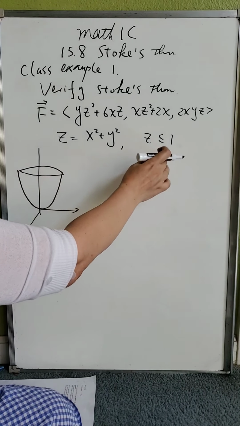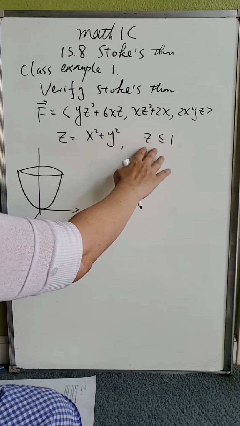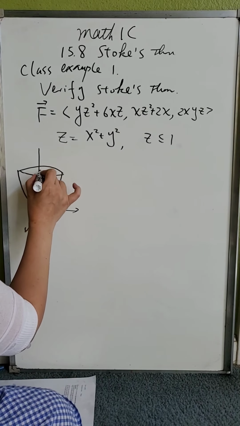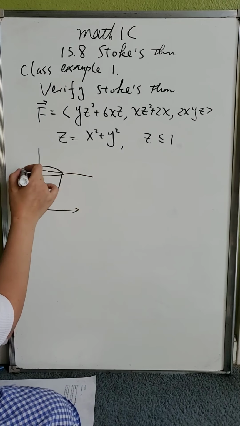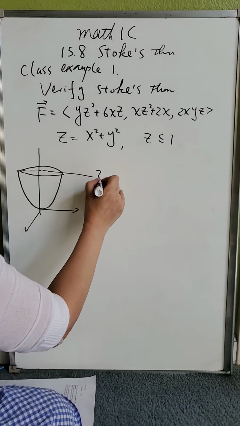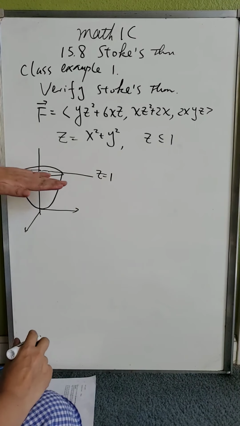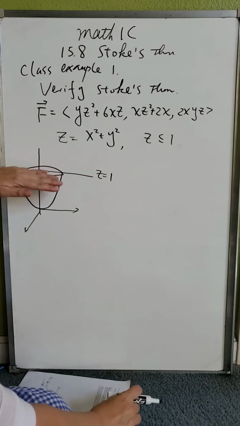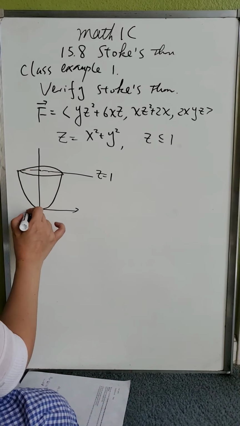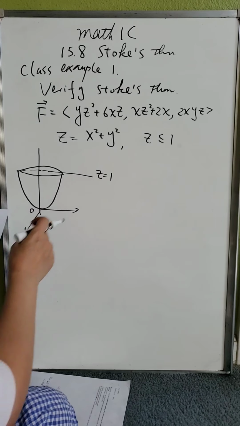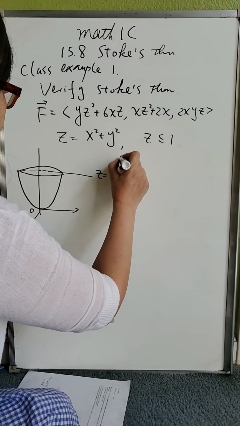So we need to cap it. We cap it as z less than or equal to 1, which means we cap it right here. So this is z equal to 1. So we put a plane, cover it up at z equal to 1, parallel to the xy plane. So we only take this part. So this is my origin. And they tell us the orientation is counterclockwise.